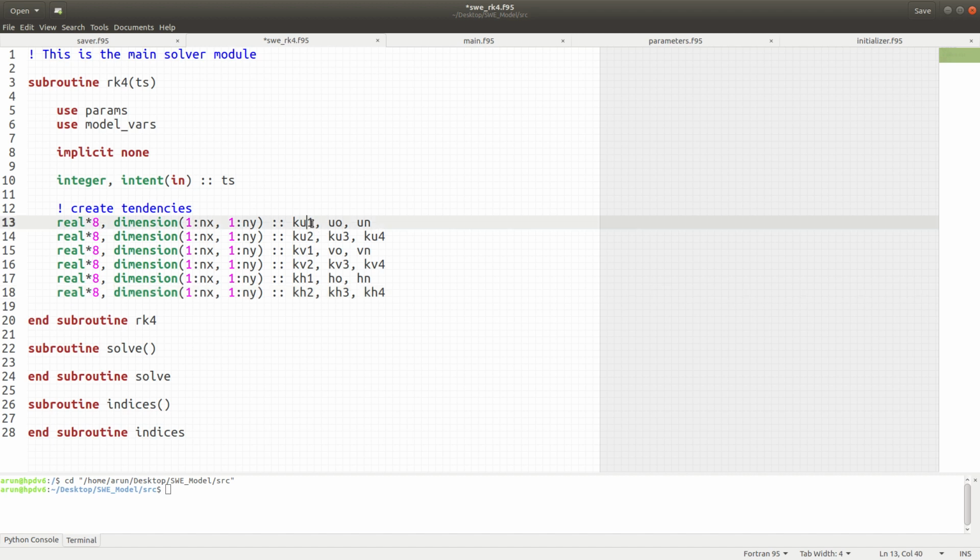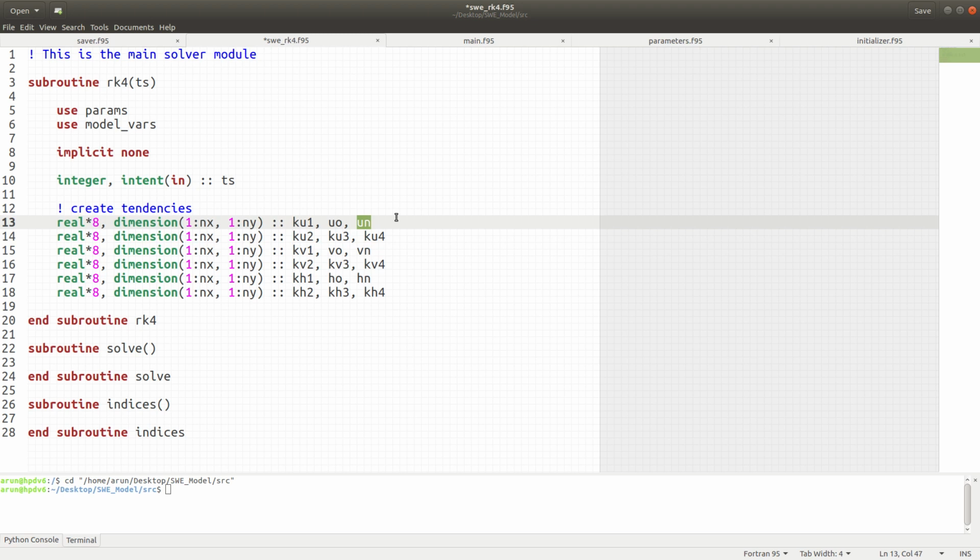U1 is going to be the slope function after the first step of calculation in the Runge-Kutta scheme for u velocity. Similarly, this is going to be the second, third, and fourth slope function of u velocity. And u0 and un are going to be the old value and the new value of velocities.